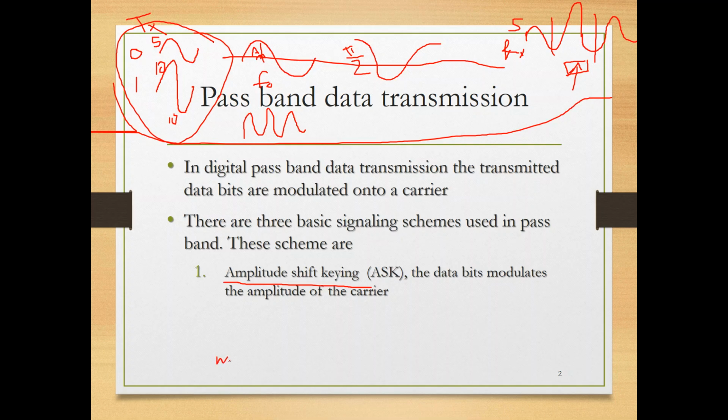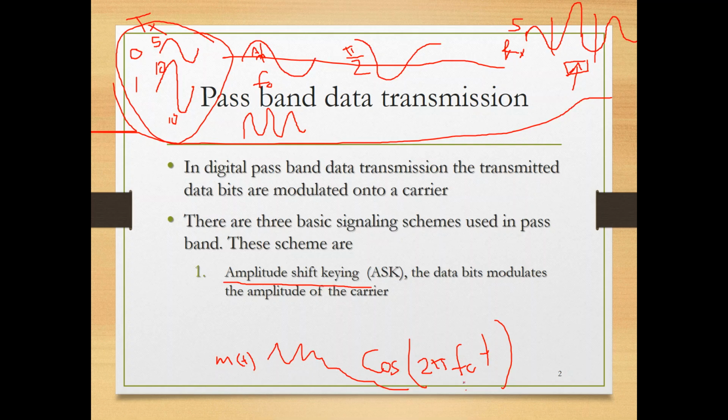So when you used to have m(t), a message, and we said this can be your voice signal, you used to multiply it directly with the carrier, cosine 2 pi fc t, where fc is the carrier frequency.